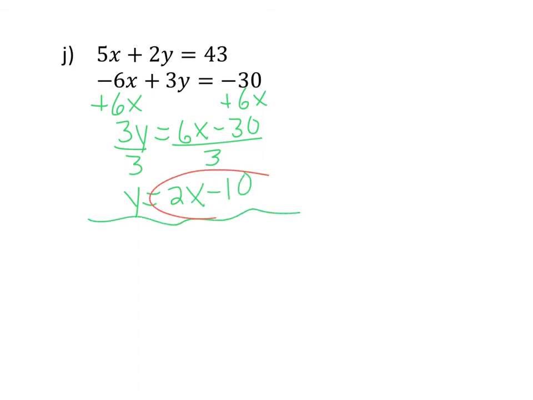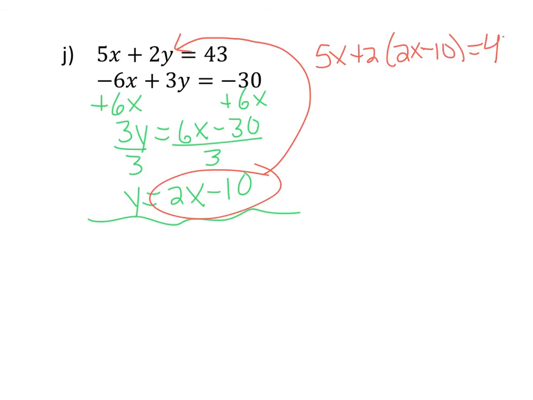I'm going to take this and plug it into now the first one, because I rearranged the second one. And we have 5x plus 2 times the quantity of 2x minus 10 equals 43.